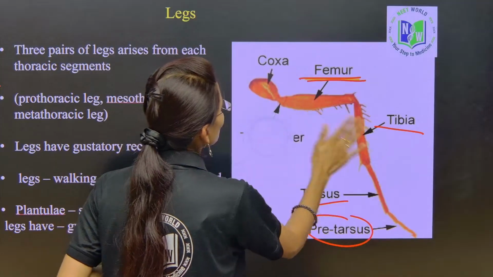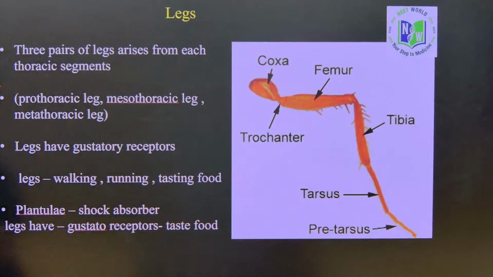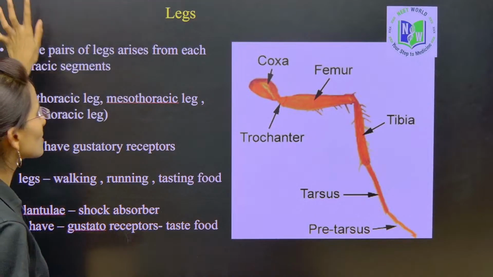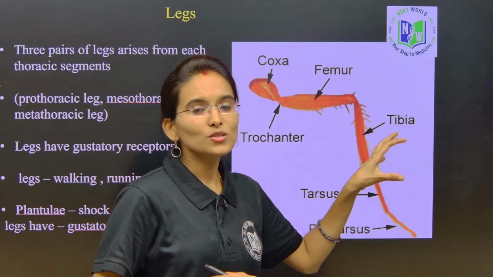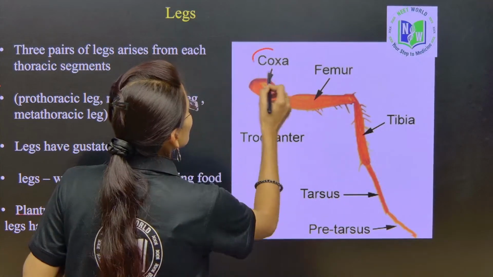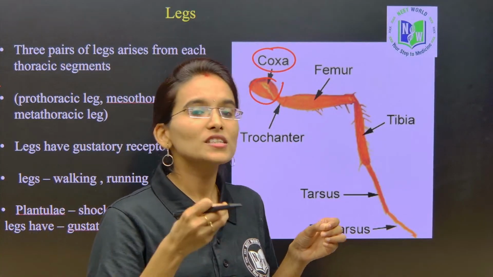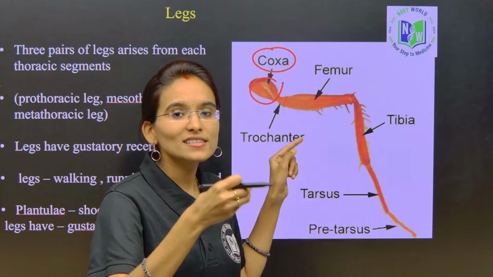In the last session we already did this, but to make it clear once again I am explaining it. Generally, the coxa is the main part which attaches to the thorax, to the thoracic segment.